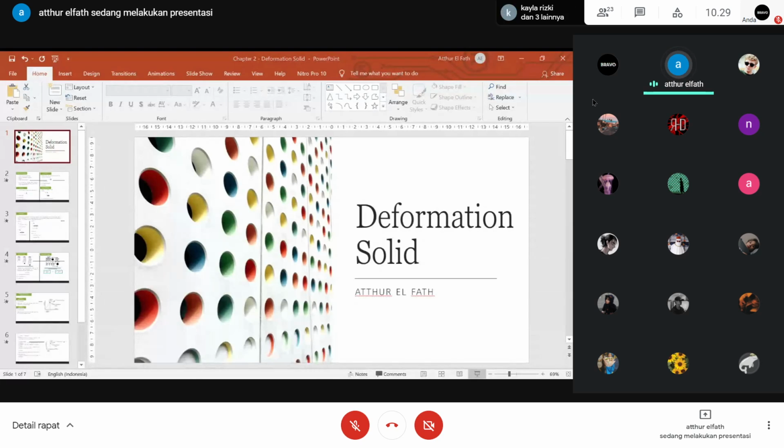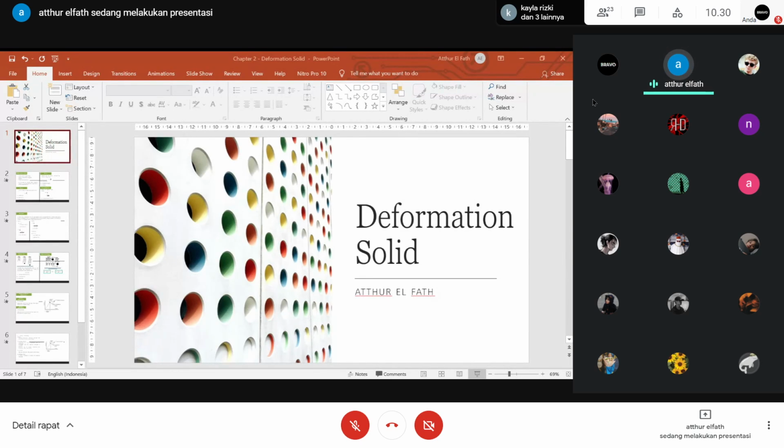Okay, now I told you the topics that we will learn in this chapter and the introduction of deformation of solids. Now we start to talk about deformation of solids.